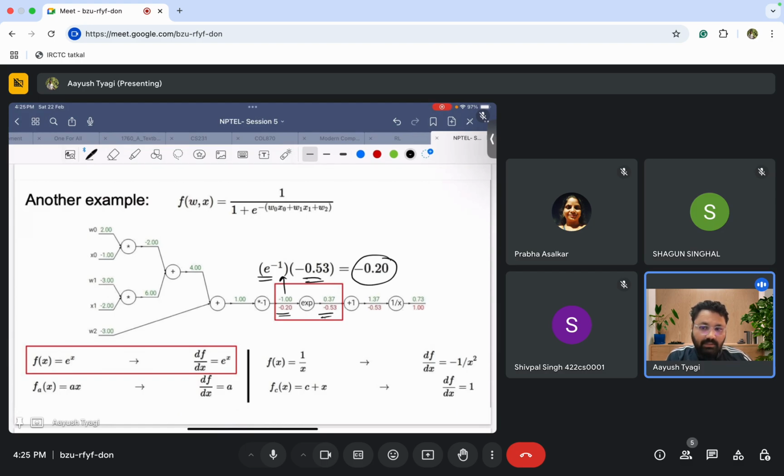Now we're moving one step backward. You have minus 1, which is multiplied, and whenever there is a multiplication, a to ax, right? The derivative is a, which is the multiplicating factor.